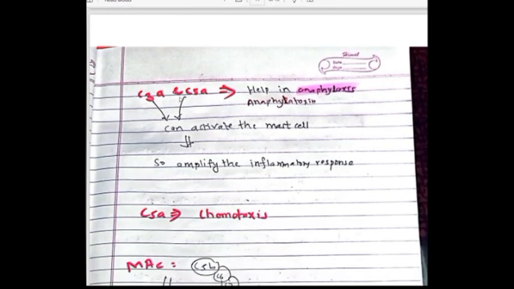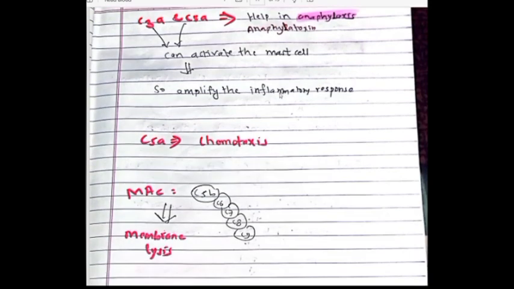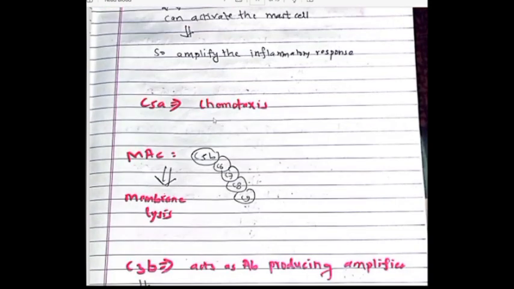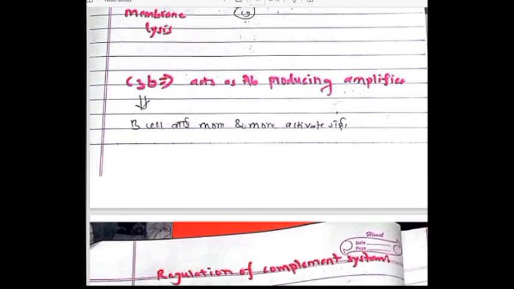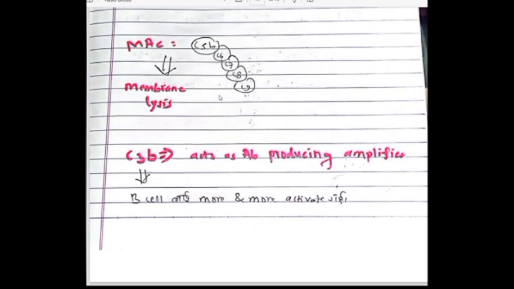C3A and C5A can activate mast cells and help in anaphylaxis, so they amplify the inflammatory reaction. C5A can act as a chemotactic agent. The membrane attack complex formed by C5b, C6, C7, C8, and C9 causes membrane lysis, and its activity is more in gram-negative bacteria because of the outer membrane, so the membrane is more accessible to MAC.